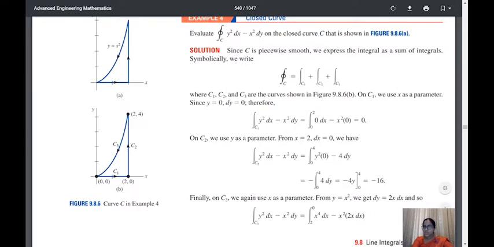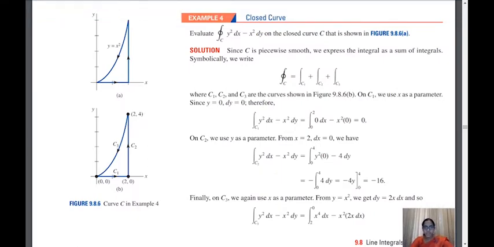So y is equal to x square. What we are going to do is replace y by x square, so we'll just consider the variation of x. Here again x varies from 0 to 2. So the integral over C3 of y square dx minus x square dy will be equal to the integral from 0 to 2. Y is x square, so y square will be x raised to 4.